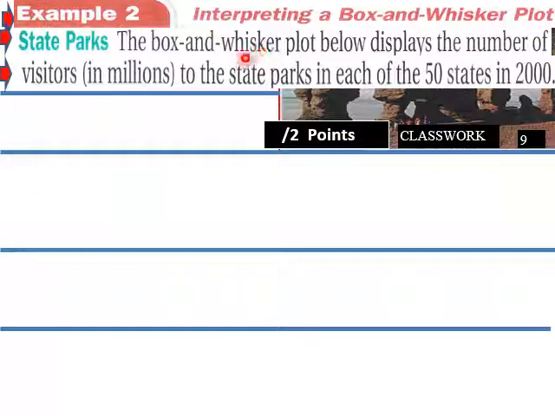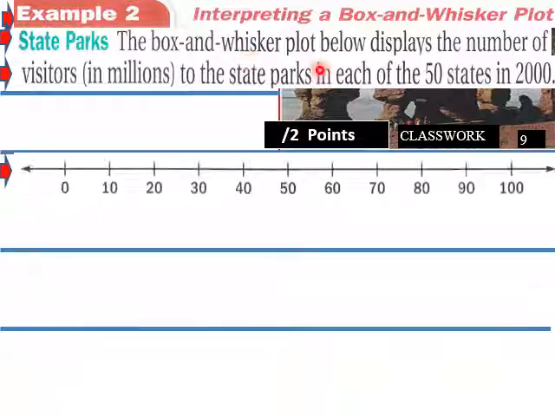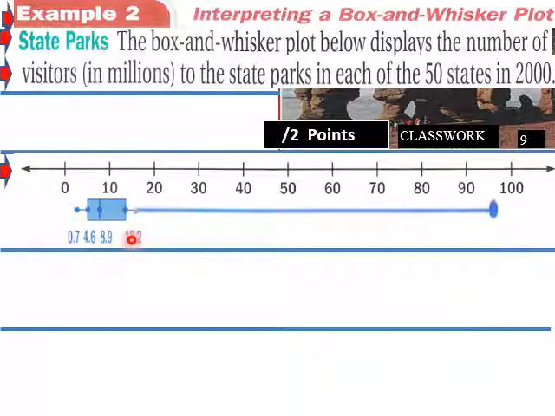So, interpreting a box and whisker: state parks. Here is the box and whisker of attendance at state parks. We have a bottom whisker out here at 0.7, the lower quartile 4.6, 8.9 is the median, and then the upper quartile is 18.2, and then we have an extreme out here of 98.5.